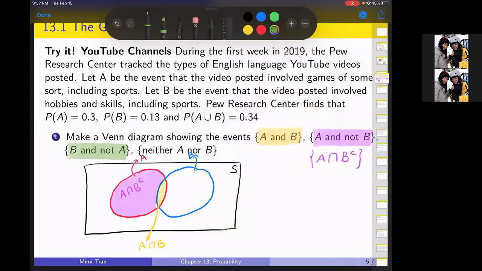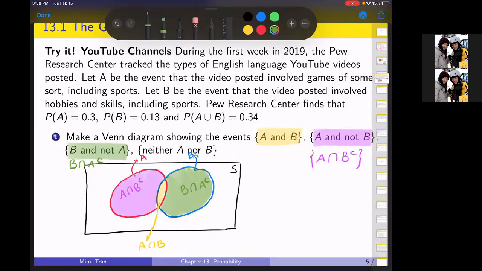So B and not A is right here, and you don't want to include the intersection because that's part of A, and I don't want A. So it's B intersection A complement.